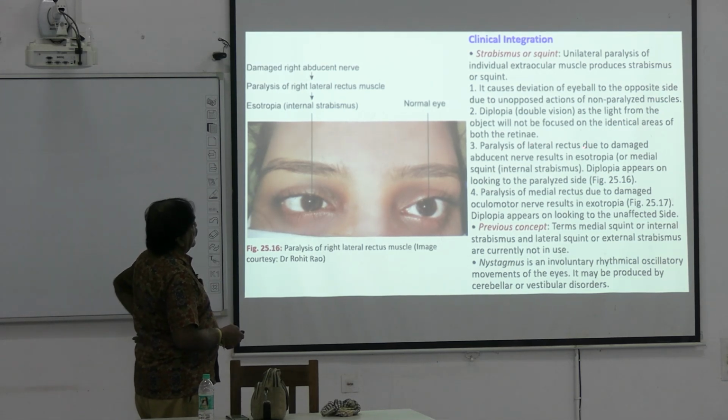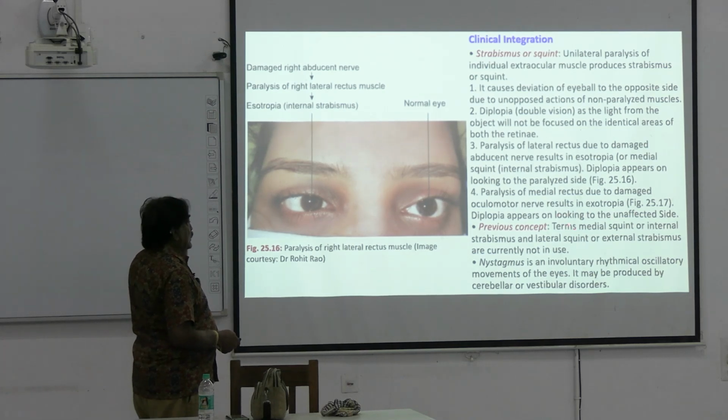Paralysis of the lateral rectus due to damaged abducens nerve results in esotropia or medial squint, internal strabismus. Diplopia appears on looking to the paralyzed side. Paralysis of the medial rectus due to damage of the oculomotor nerve results in exotropia. Diplopia appears on looking to the unaffected side.